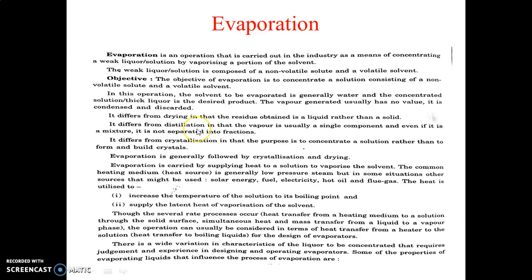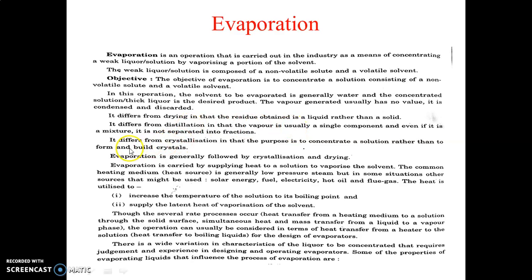In distillation, we separate the liquid mixture according to boiling point, vapor pressure or volatility. In evaporation, the vapor or solvent is a single component, and we cannot separate it further. We discard those vapors after evaporation.